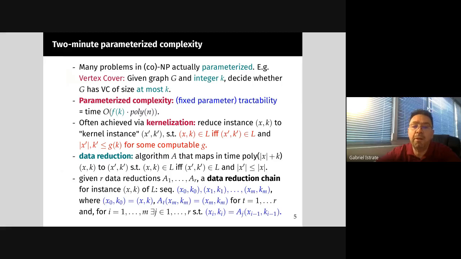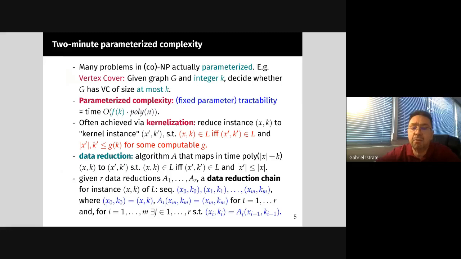And one classical method to achieve such fixed parameter tractability results is via so-called kernelization, which is a method that basically reduces an instance of a parameterized problem to a smaller kernel instance in such a way that the original instance is satisfiable if and only if the kernel instance is satisfiable. And crucially, for fixed values of the parameter, this kernel instance is small.